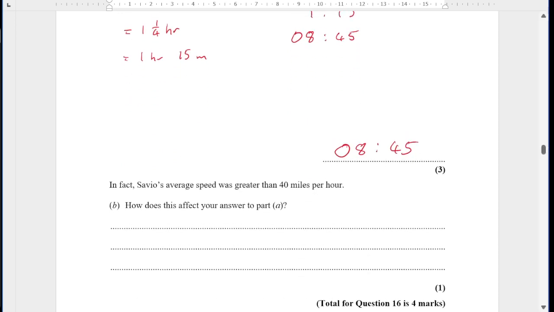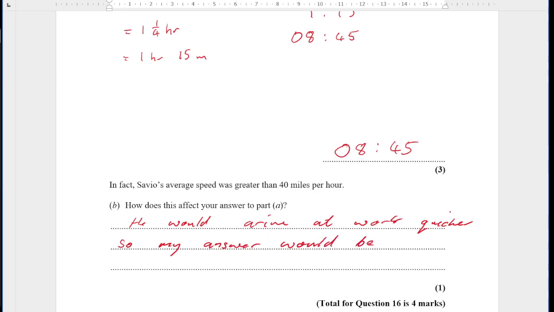In fact, Savio's average speed is greater than 40 miles per hour. How does that affect your answer to part A? So he would arrive at work quicker. So my answer would be higher or later.